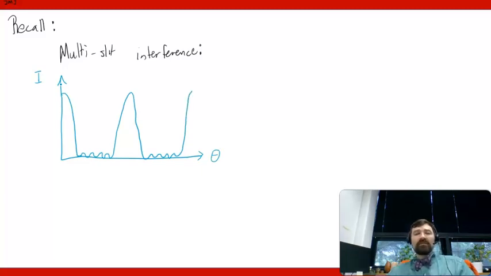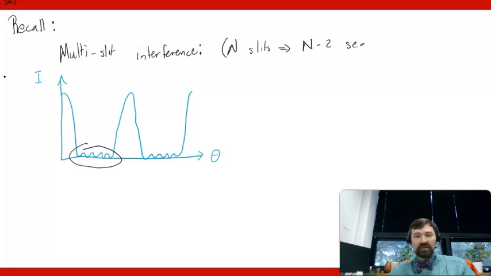And the number of these secondary maxima depends on the number of slits. So n slits implies n minus 2 secondaries, or secondary maxima, between each primary.